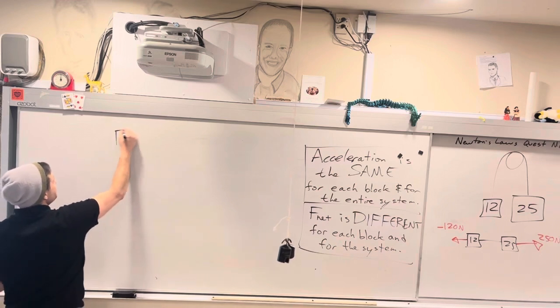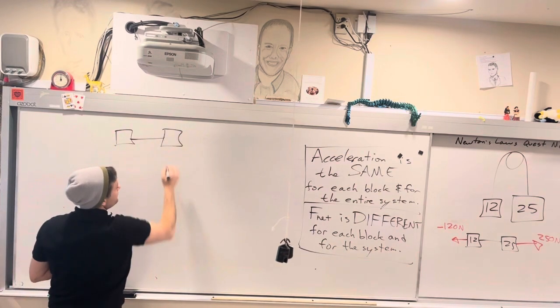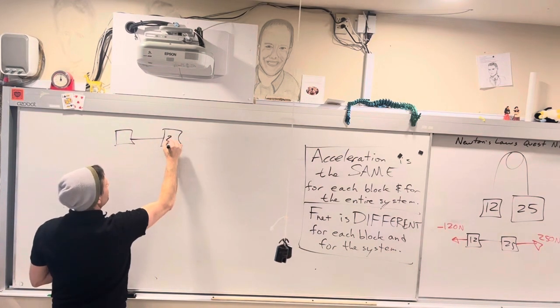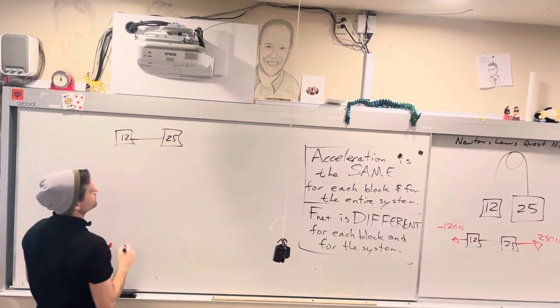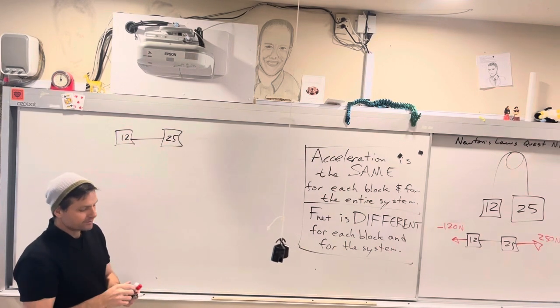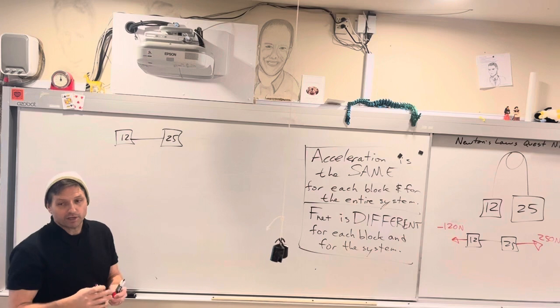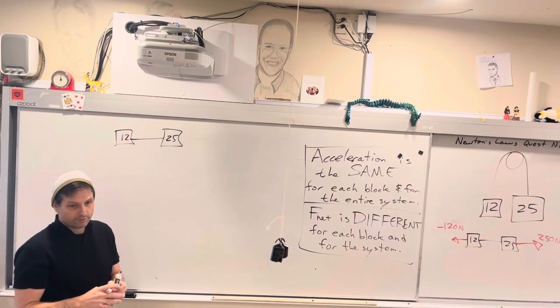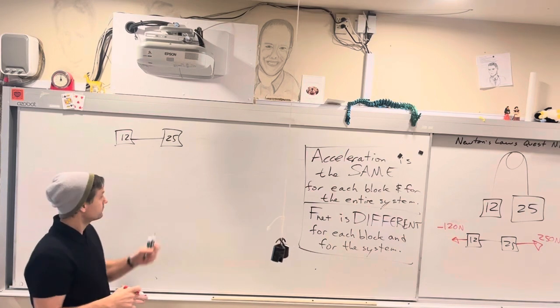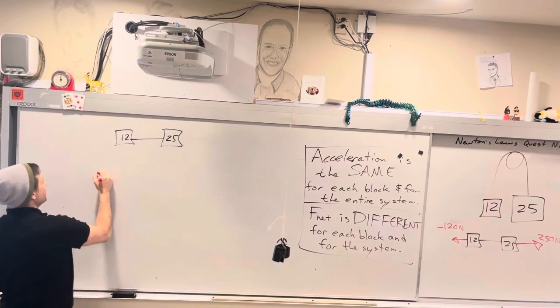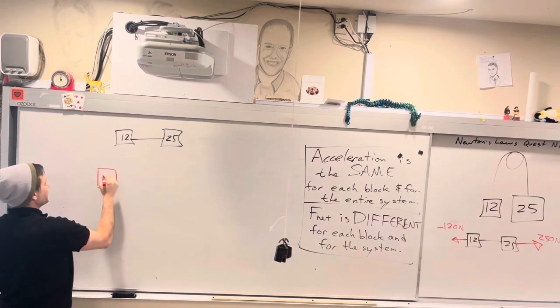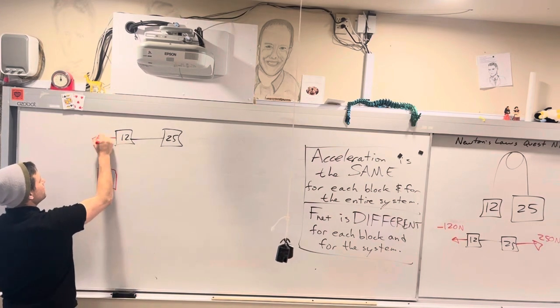Okay, I'm going to draw the system sideways again, and we have 25 and we have 12. Okay, let's focus in on one block only. Which one do you want to do? 12? Okay, let's look at the 12. Actually, I'll draw it like this. So this is 120, right?